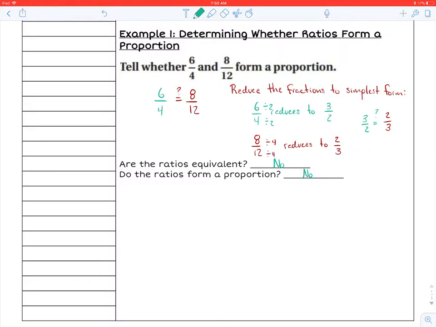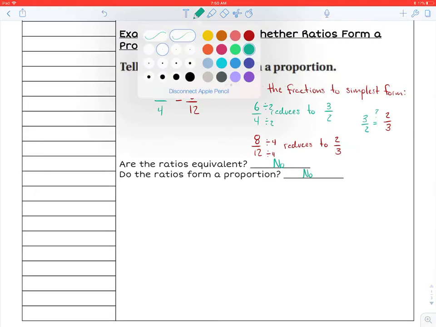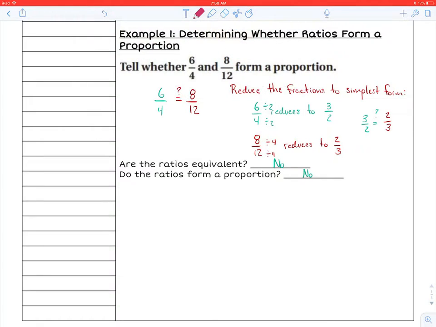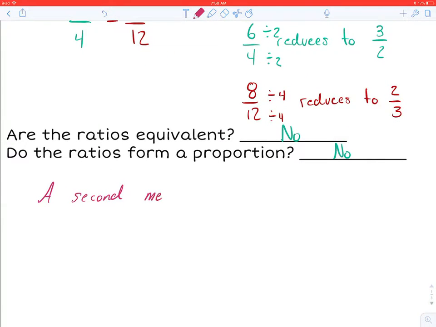Now I got some heavy writing here for you, but I do have a second method for determining whether the values hold a proportion or not. So let's go ahead and write this down. A second method of checking for proportional relationships.